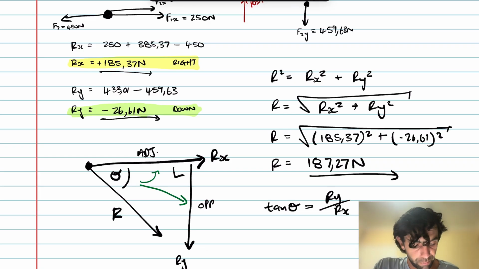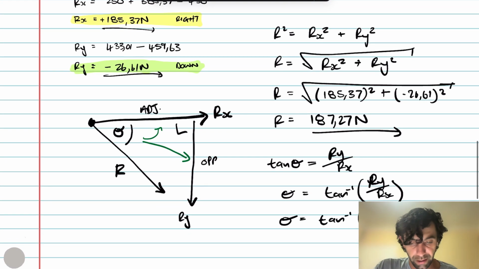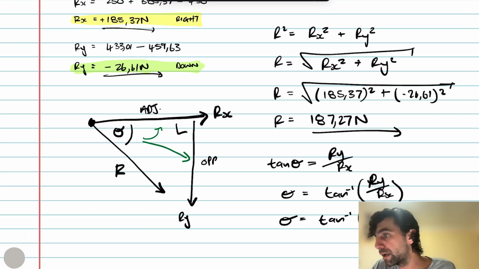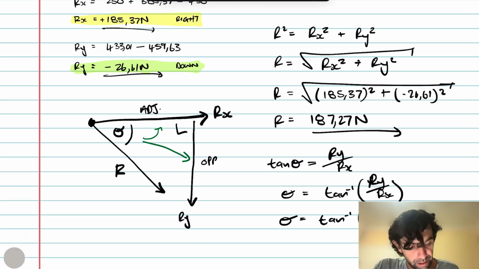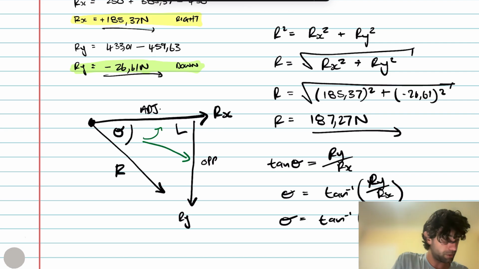Okay, then we can take the inverse trig function, and we find that theta, let's plug it in to make sure we're getting full marks for formula substitution and answer. So Ry we're going to take as 26,61 divided by 185,37.